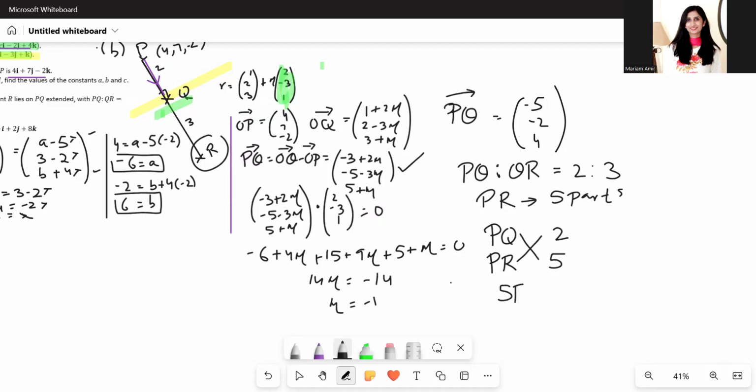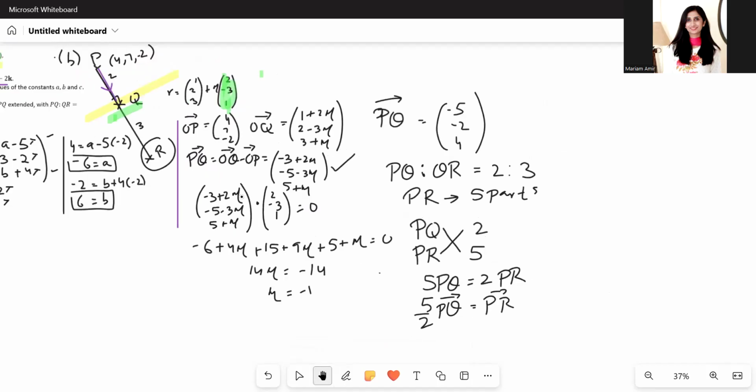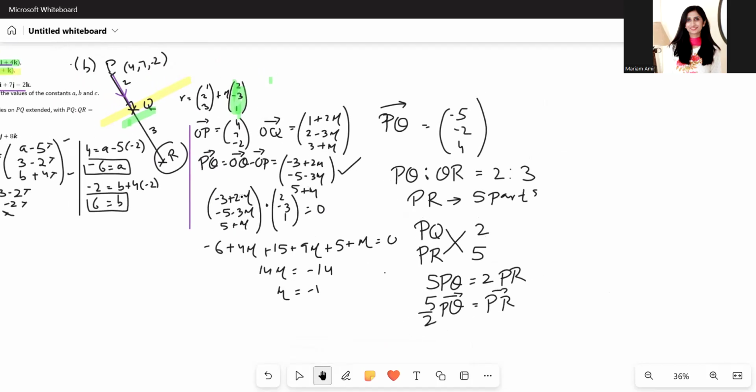So 5 PQ equals 2 PR, or 5 over 2 PQ equals PR. I've used ratio here. So now I can find PR by multiplying PQ by 5 by 2.